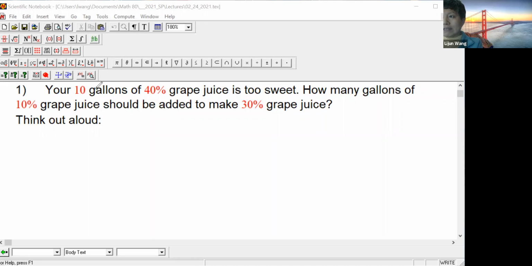For 10 gallons of 40% grape juice, how much sugar is in there? How do we find out? This is how we find out.